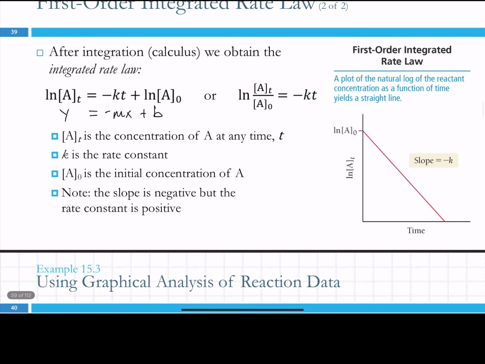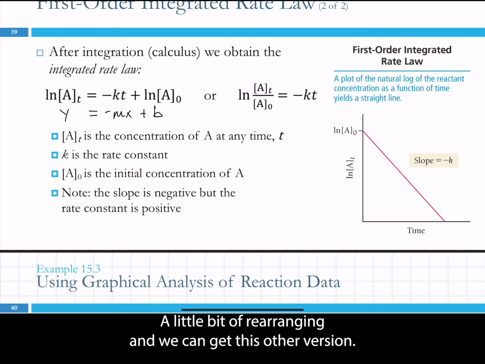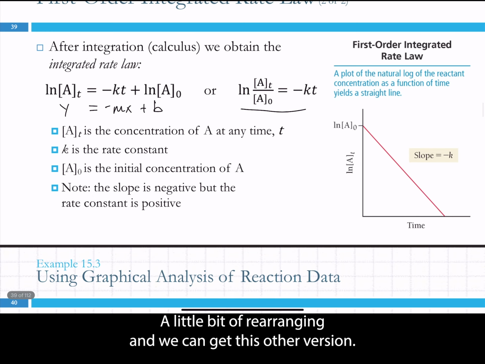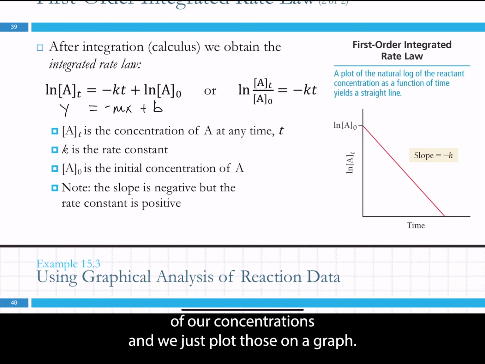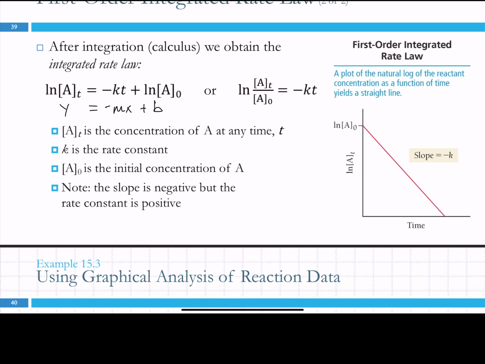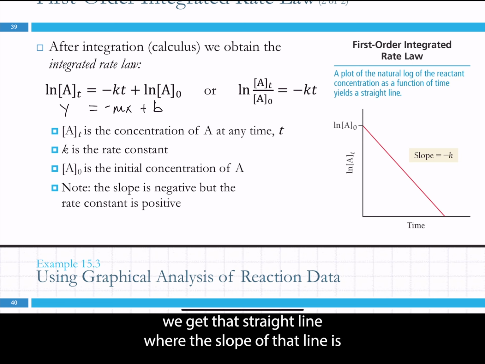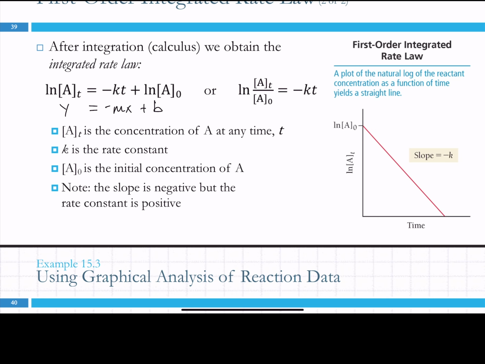A little bit of rearranging and we can get this other version. And what this tells us is that if we take the natural log of our concentrations and plot those on a graph according to time, we get that straight line where the slope of that line is negative k. The negative is part of the equation.